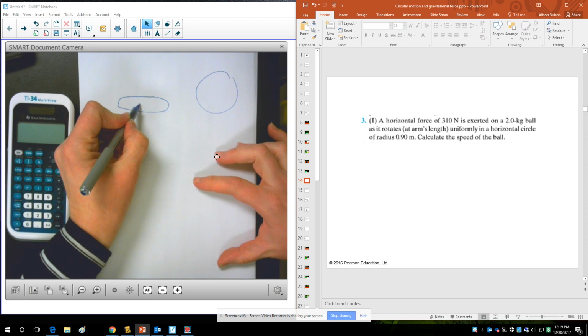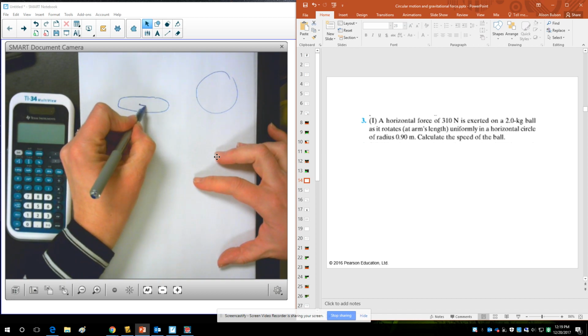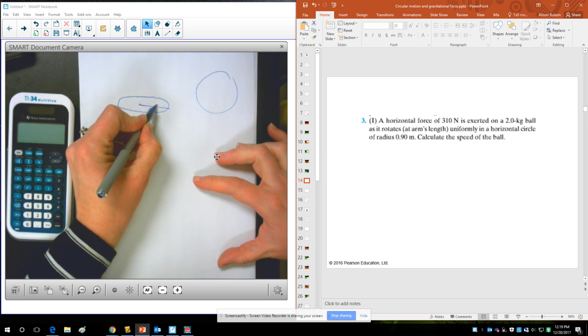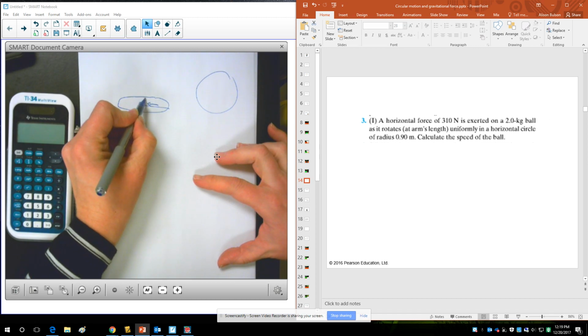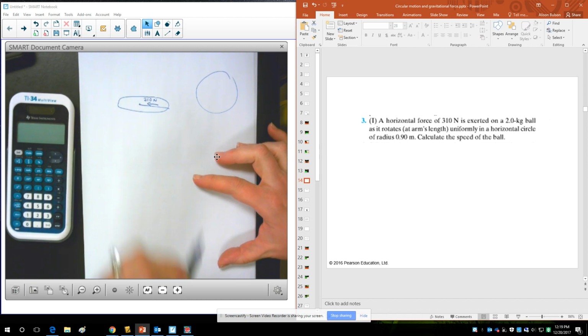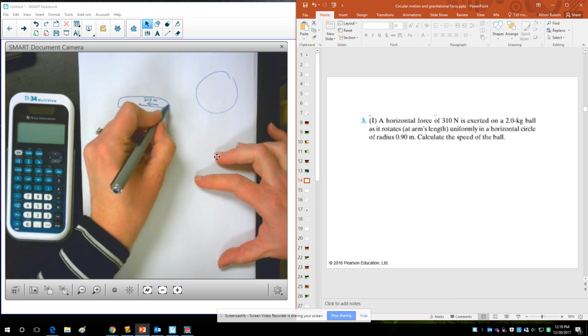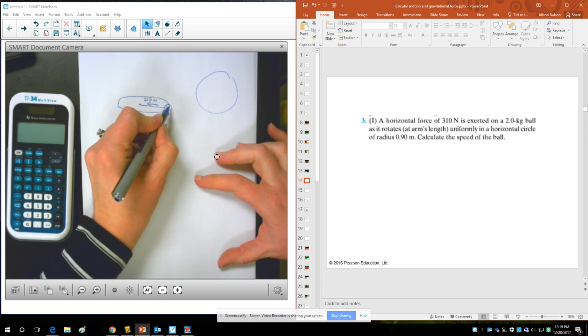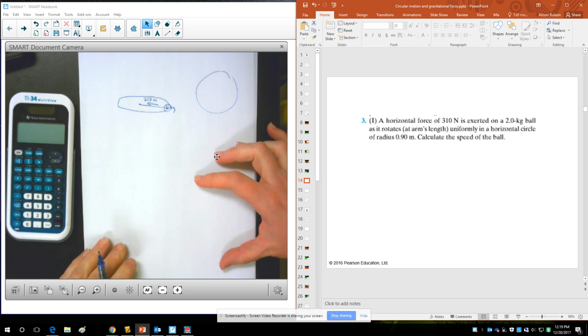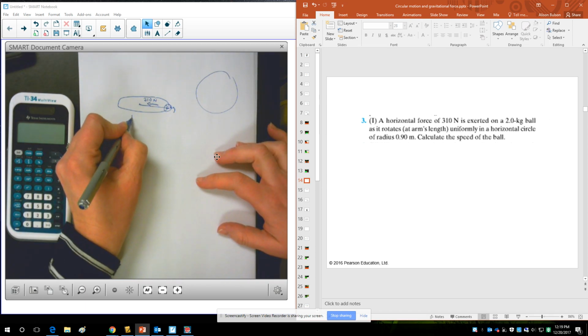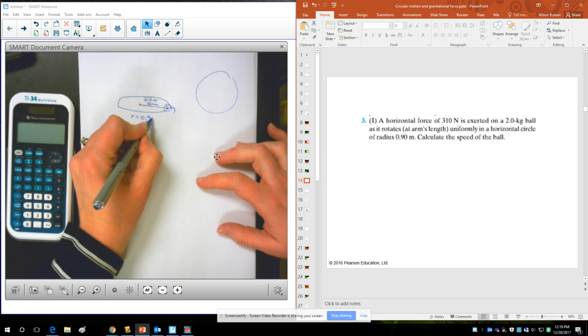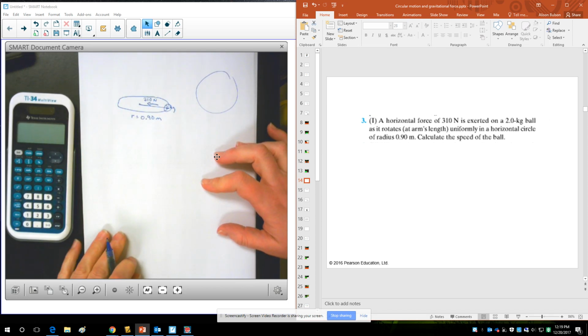So it's a horizontal force, so pointing in towards the center of 310 newtons on a 2-kilogram ball, rotating at arm's length uniformly in a horizontal circle with radius 0.90 meters. Calculate the speed of the ball.